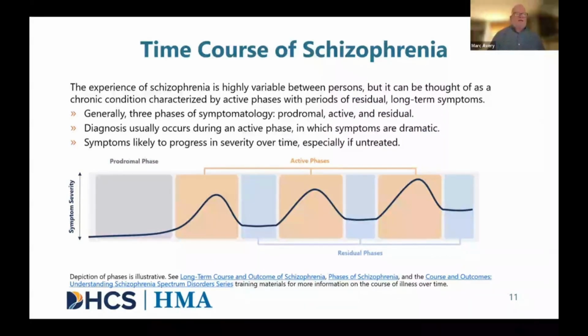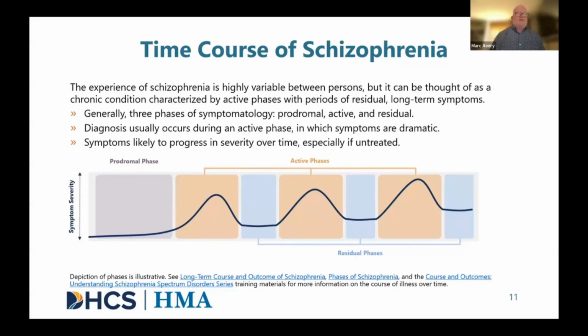The second phase is the active phase, sometimes referred to as the acute phase of schizophrenia, where symptoms are most noticeable. This phase, especially the first time it happens, can be alarming to the person experiencing them and to friends and family. They can be highly distressing.